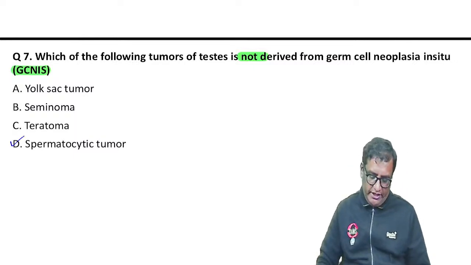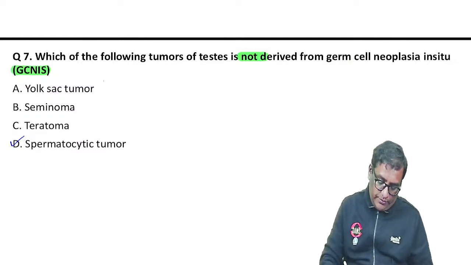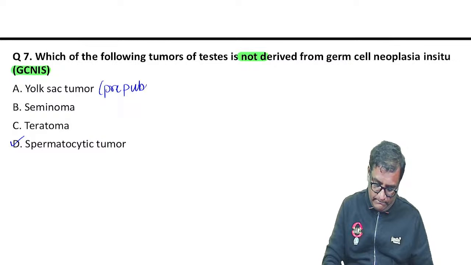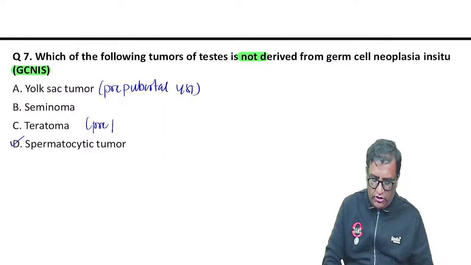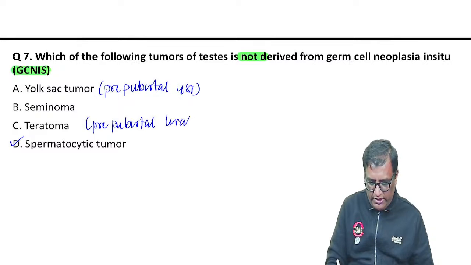Even prepubertal yolk sac tumor is not derived from GCNIS, and prepubertal teratomas also are not derived from GCNIS.